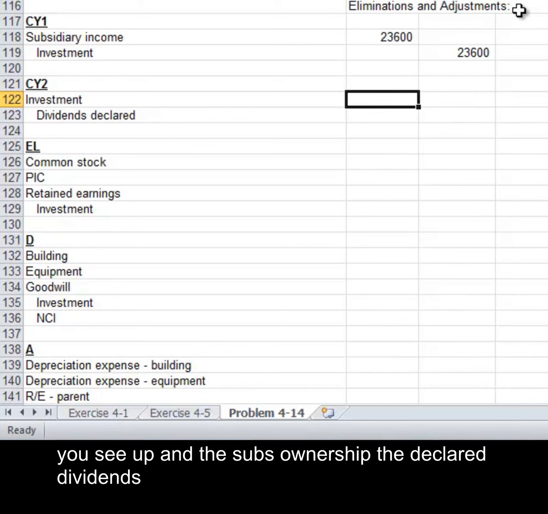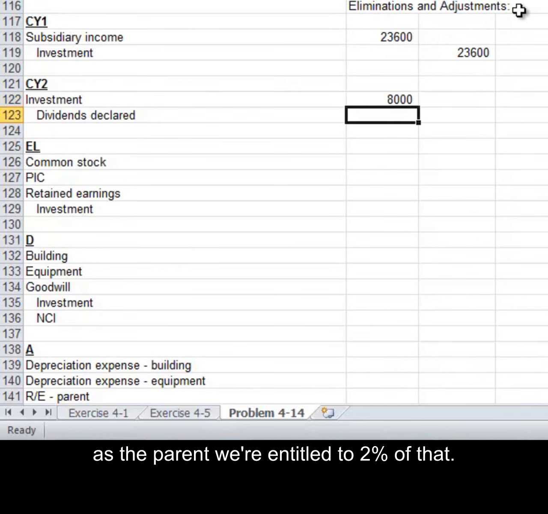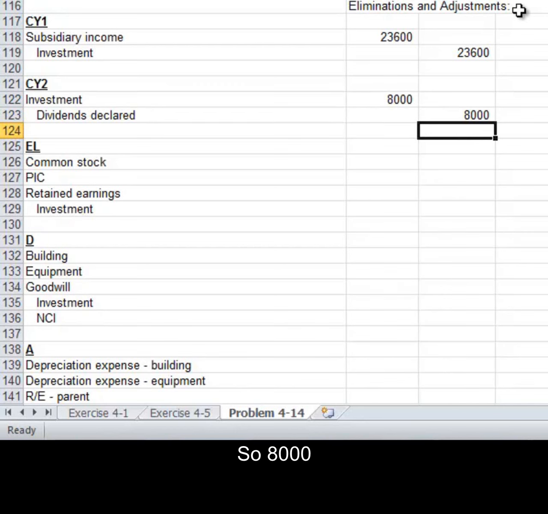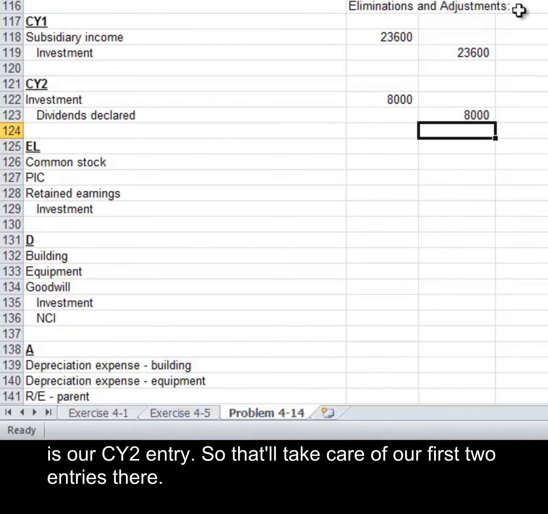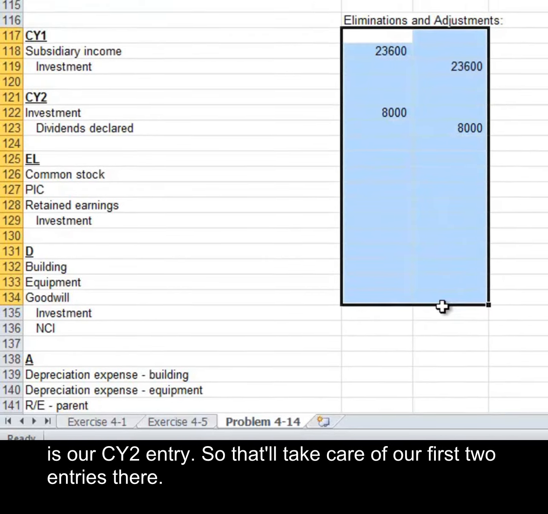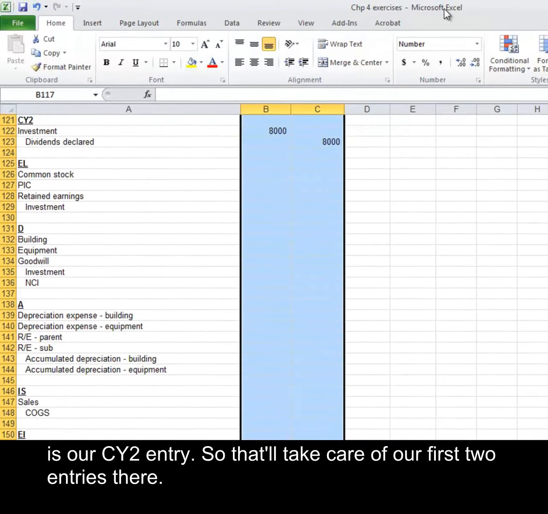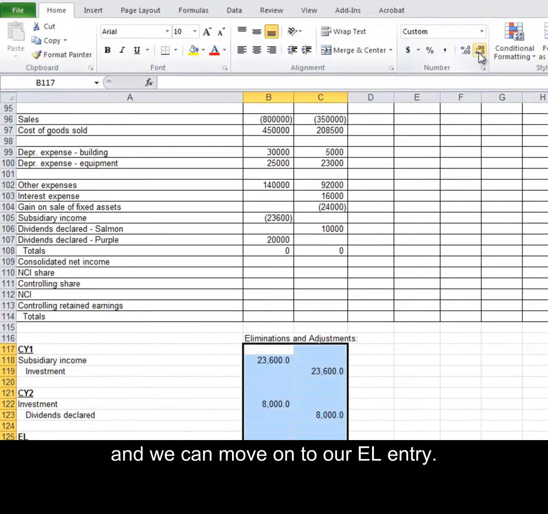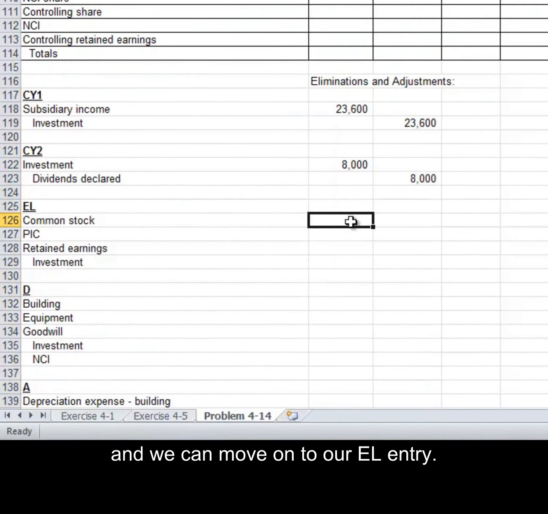You see up in the sub's ownership, they declared dividends. As the parent, we're entitled to 80% of that. So 8,000 is our CY2 entry. So that'll take care of our first two entries there. And we can move on to our EL entry.